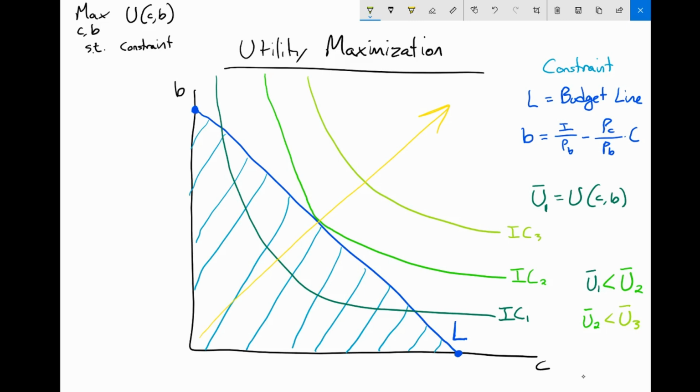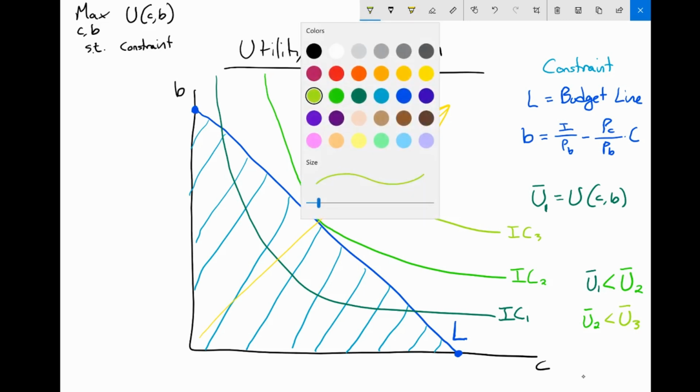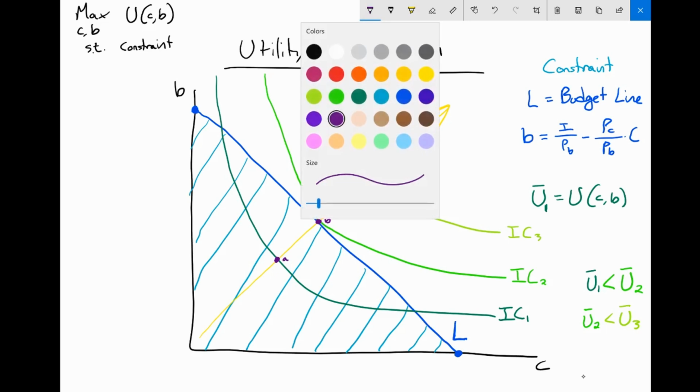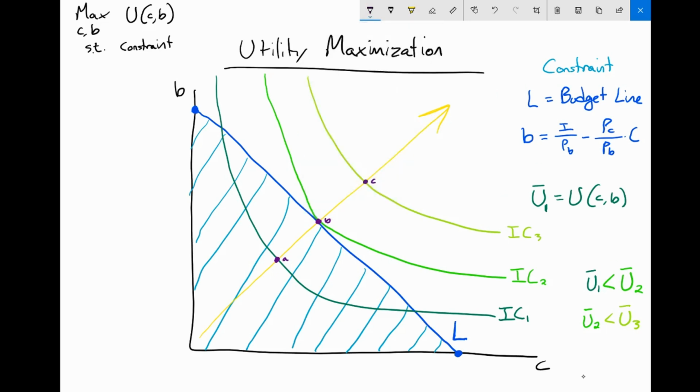So now if I asked you, here's a bundle A, here's a bundle B, and here's a bundle C. Would the agent prefer bundle A, bundle B, or bundle C? They would prefer bundle B to bundle A because bundle B is on a higher indifference curve.